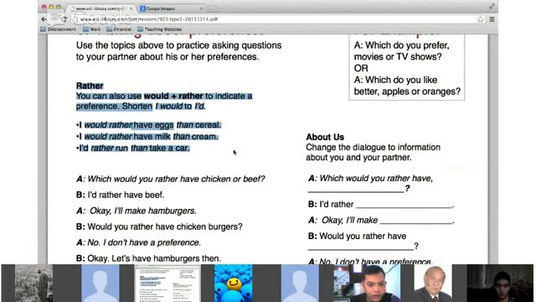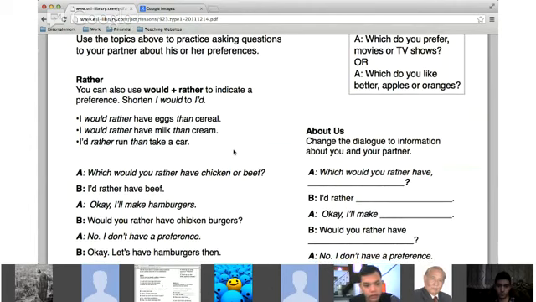Rather, you can also use would plus rather to indicate a preference. Shorten I would to I'd. I would rather have eggs than cereal.